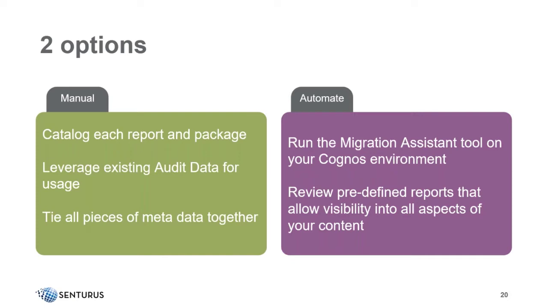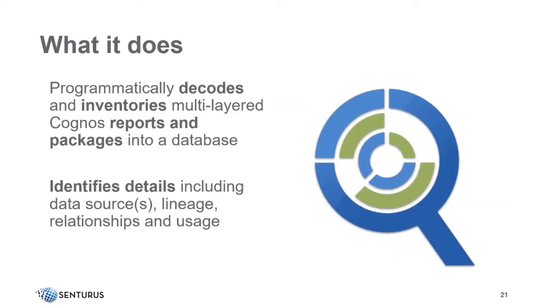We've got a tool that we want to show you called the Migration Assistant. You can run this tool. It's going to capture all that information from your Cognos Content Store database, and it'll allow you to run some predefined reports that give you visibility into all aspects of your content. What it does is programmatically decode and inventory all of your Cognos reports and packages and build that into a new database.